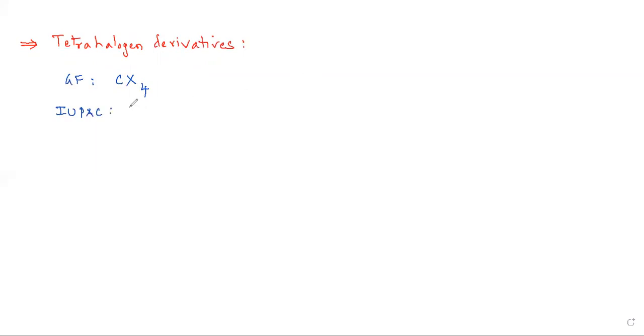IUPAC name is tetrahaloalkane. Look at this.